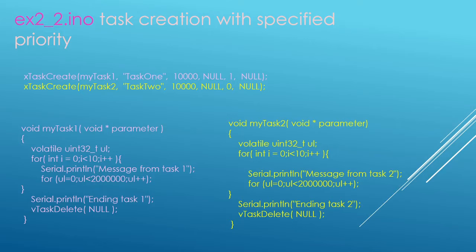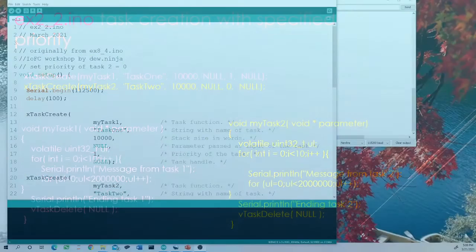What is changed in example 2 is we reduce the priority of task 2 to 0. So now task 1 has higher priority than task 2, and you see the effect of this.